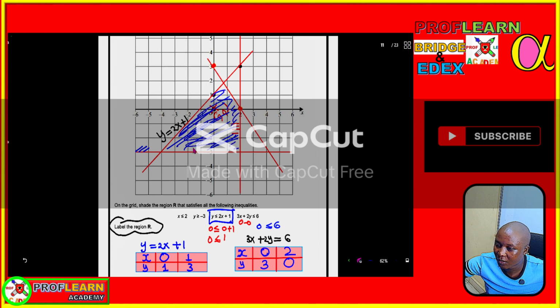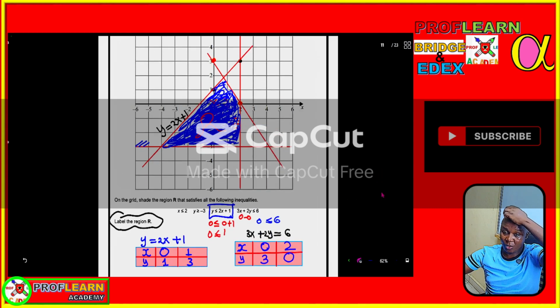So this is the expected region. Yeah, so this is what we are supposed to get. Once you've understood that, you can be able to do any question. A question can be asked whereby you are supposed to shade the region, or a question can be asked whereby you are supposed to come up with the inequalities from a shaded region.